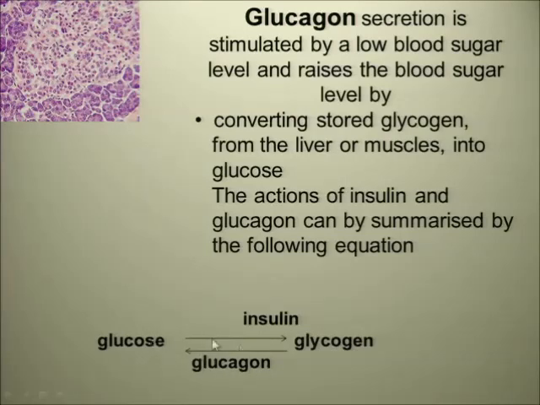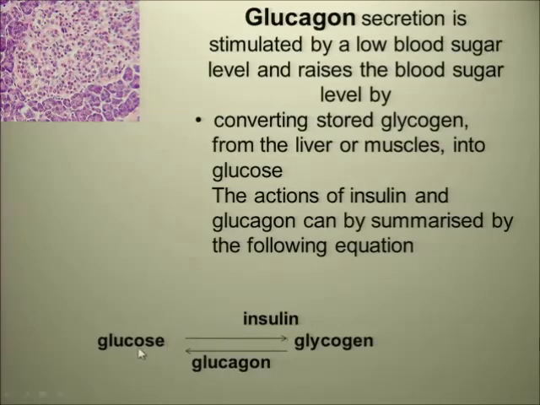Now you can see and hear that my tongue gets stuck with glucose, glycogen and glucagon. When we are marking, we see that children also get confused about glucose and glycogen. Sometimes they say glycogen is the hormone and glucagon is the form in which they store it in the liver.